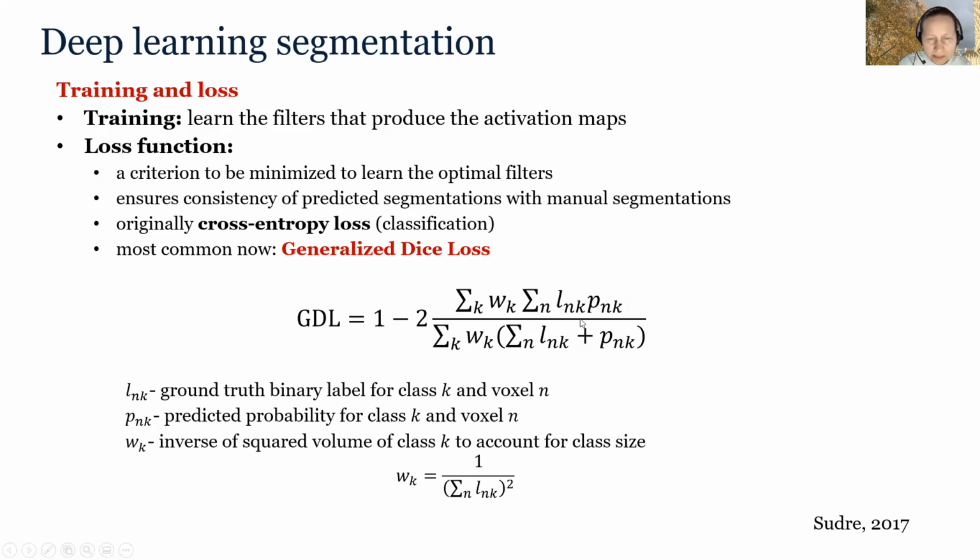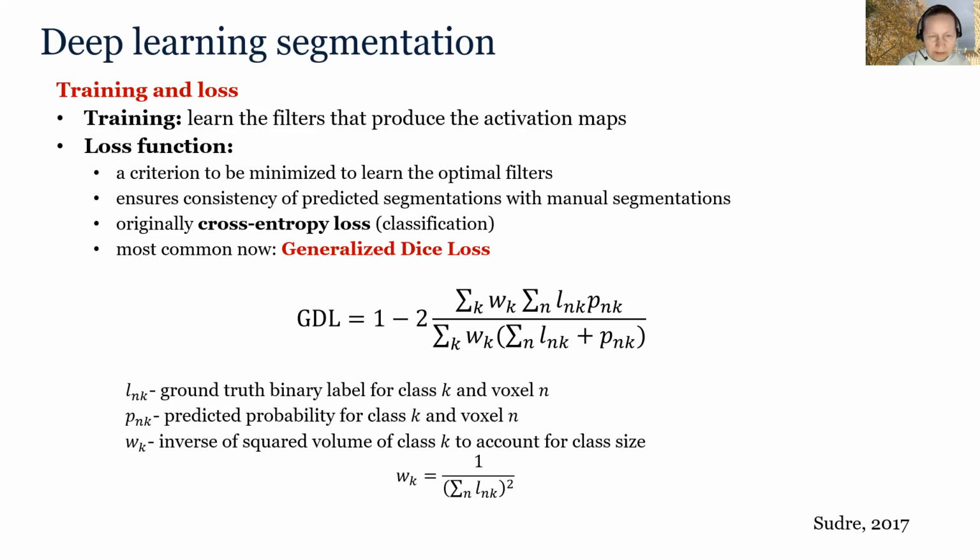And in this part, we need to calculate the volume of the segmentation. So basically what we do, we sum up all the labels for each class over all voxels, and also the predicted probability. So it's not really summing up positive voxels, but it still can be considered as a volume. Again, it's weighted and summed up through all the classes. Okay, so I hope you are able to recognize the same principle as in the dice coefficient in this generalized dice coefficient.